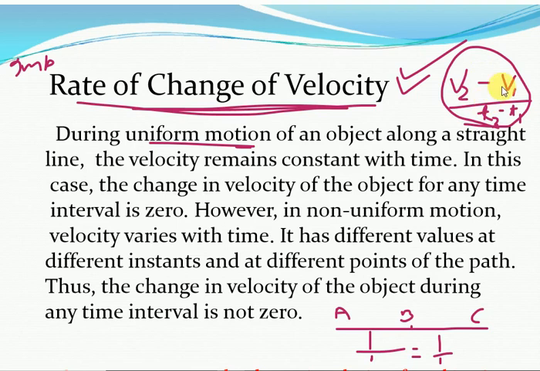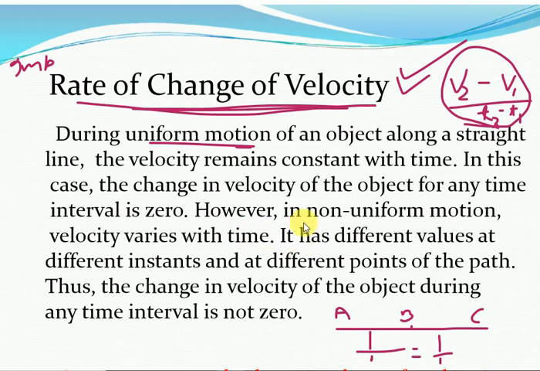Okay, the difference between two velocities. The rate of change of velocity is equal to the difference between these two velocities divided by time. So if the numerator, that is the change of velocity, becomes 0, then 0 divided by anything present in the denominator equals 0. So in this case, for any time interval it is 0.